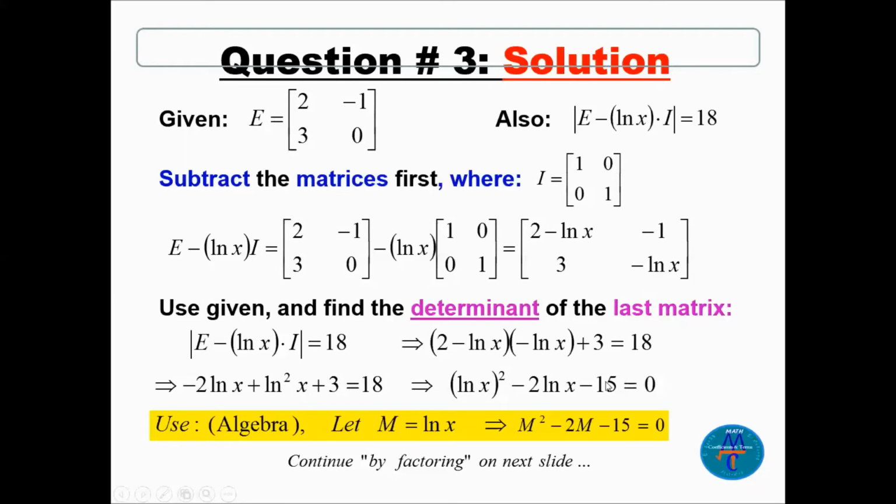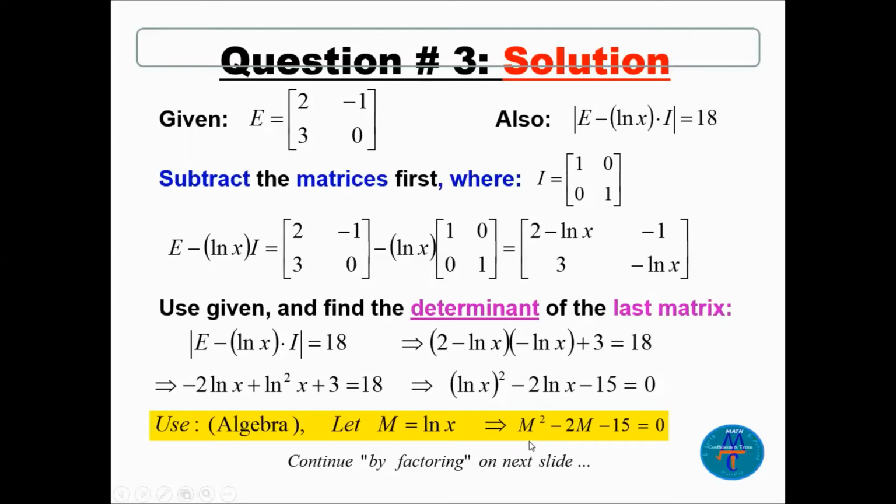Now, to factor this, you can factor it directly, but to make it easy, use something in algebra. We say let capital M equal ln of x, to make it simple. The reason I put this yellow here is just to make it simple for factoring. So this is capital M, this is M squared. So M squared minus 2M minus 15 equals 0, a quadratic, easy to factor.